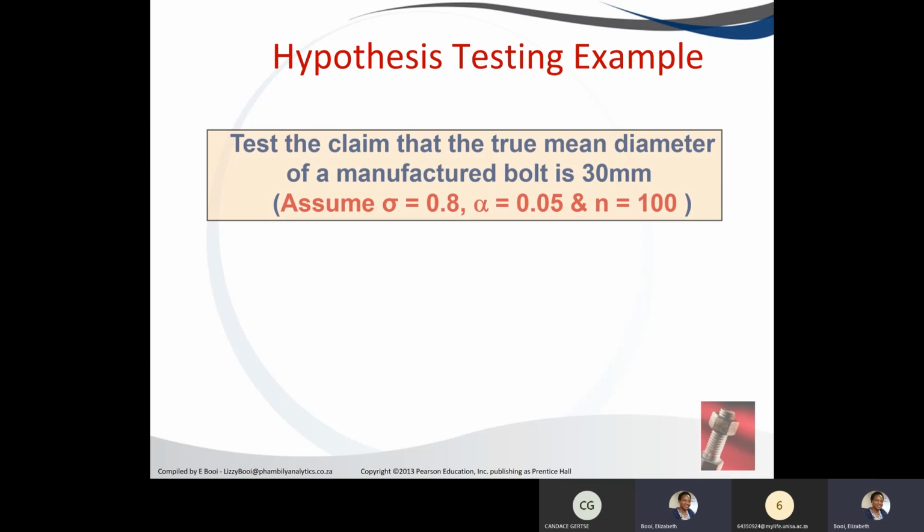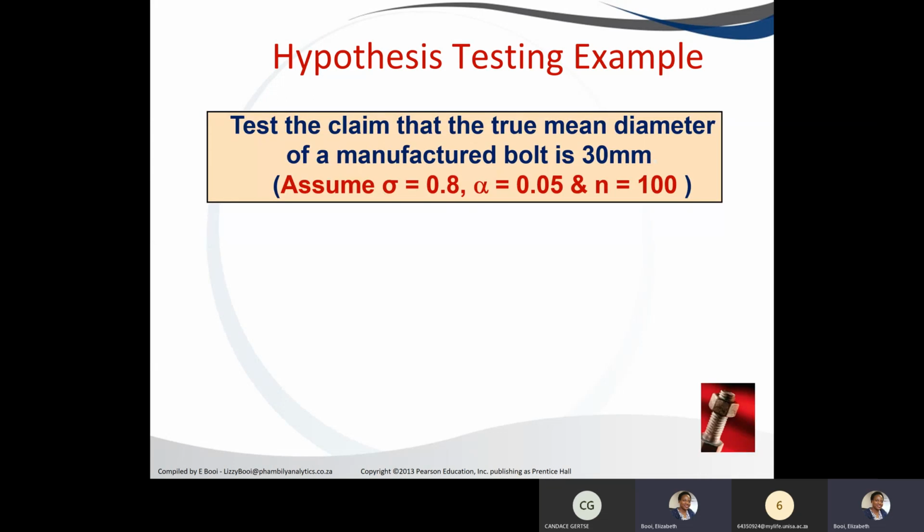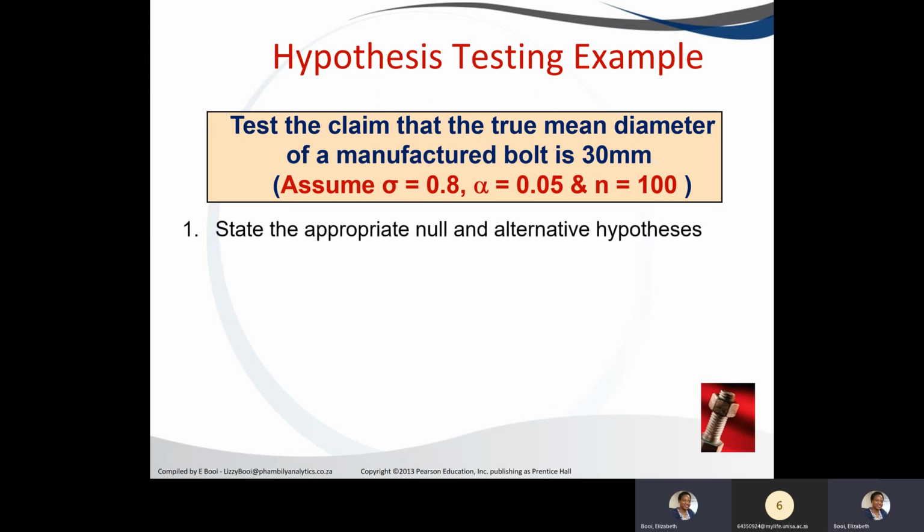Example of how we do this: test the claim that the true mean diameter of a manufactured bolt is 30 millimeters. Assume that the population standard deviation is 0.8. The level of significance alpha is 0.05, and your sample size n is 100. First step: state your null hypothesis and the alternative hypothesis.